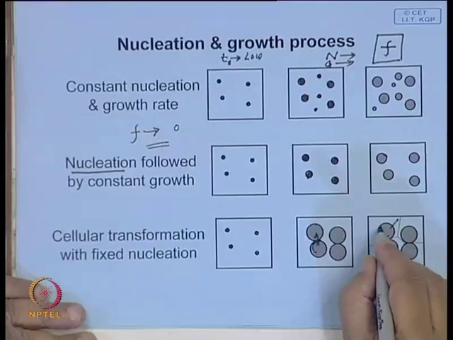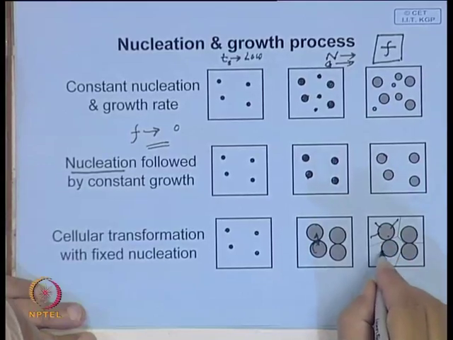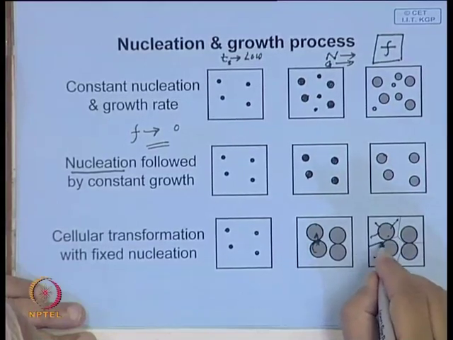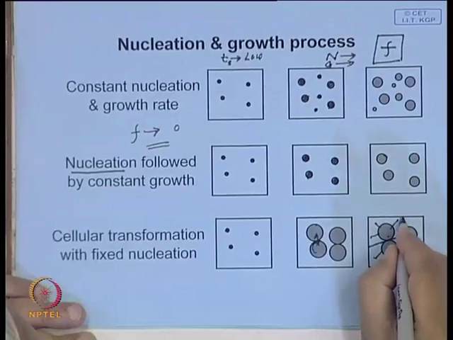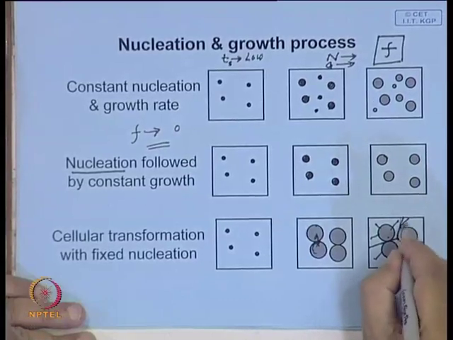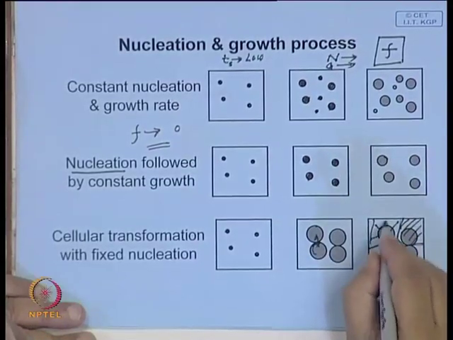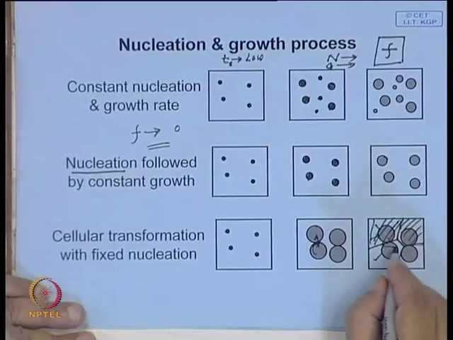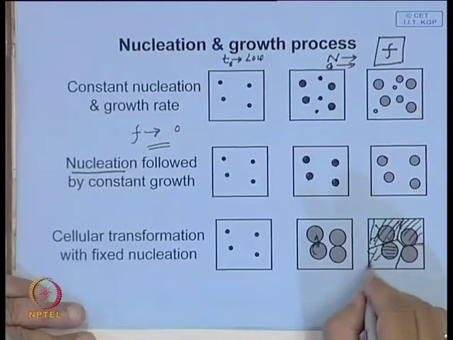So this will grow in other directions, and ultimately you will have this kind of structure. So the entire area is pearlite, let us say. This is a pearlite nodule, and it grows into these areas.